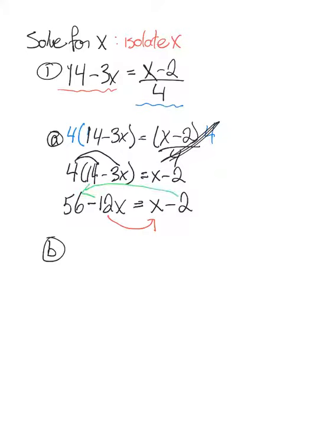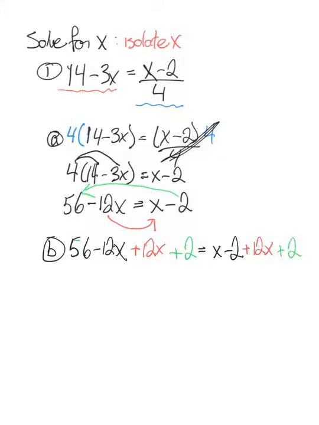So that would be, we'll go 56 minus 12x plus 12x plus 2 will equal x minus 2 plus 12x plus 2.